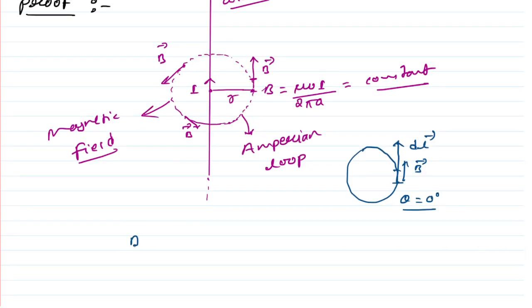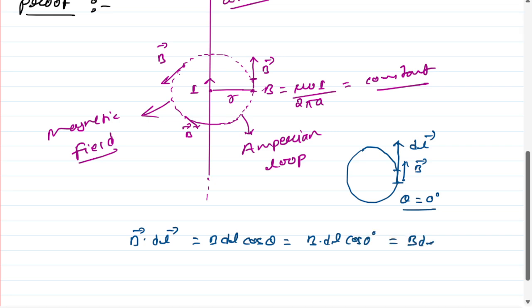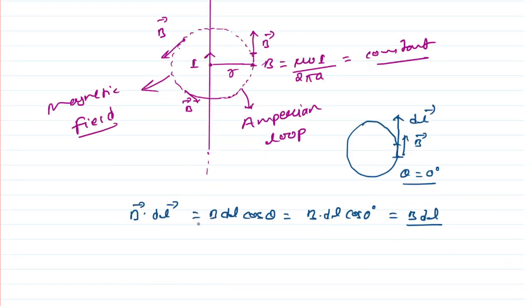We need to do B dot dl, so B into dl into cos theta, which is cos 0, equal to 1. So it is B dl.